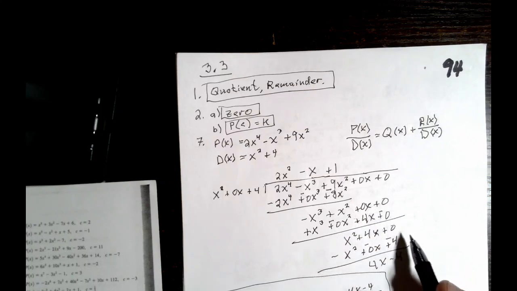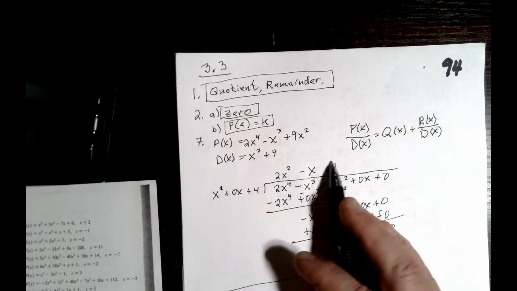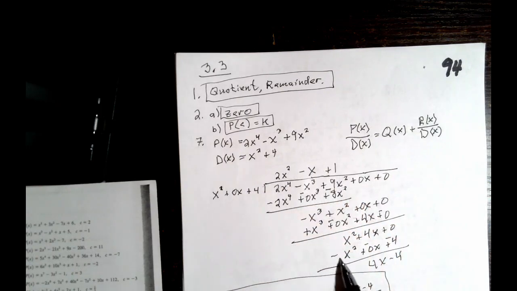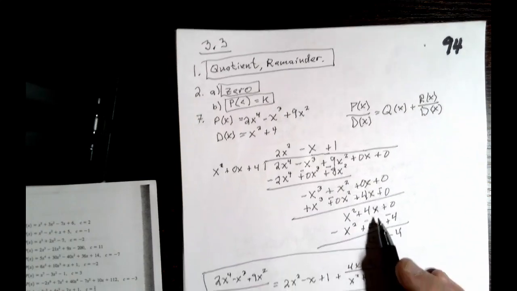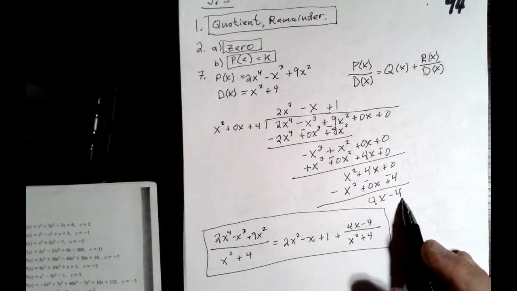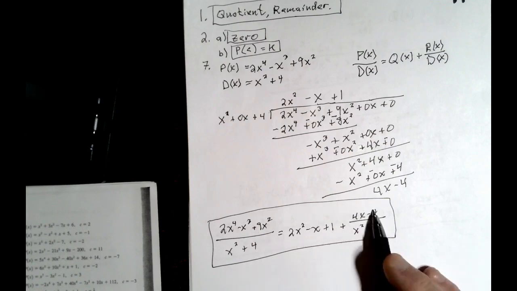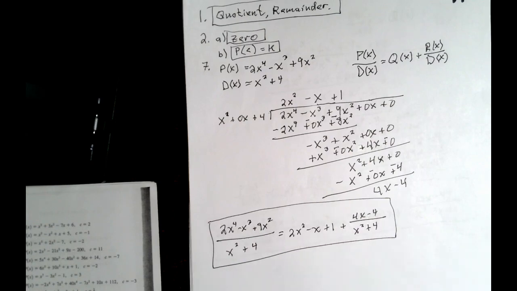Bring it down to 0. Now x squared into x squared is 1. So 1 times each of these gives me this. And I change my signs, and I add, and there's my remainder. So I've got my dividend, divisor, quotient, remainder over divisor.